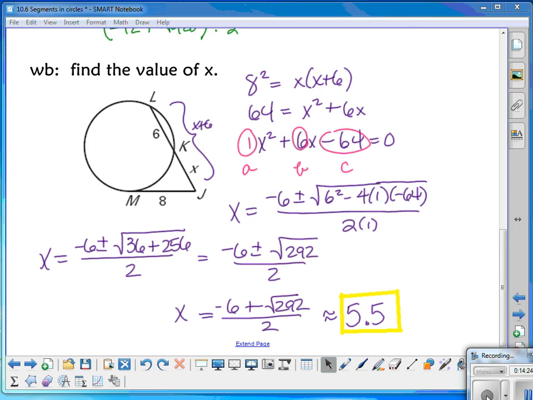Then when you simplify it, you should get x equals negative 6 plus or minus the square root of 292 all over 2. We're going to throw out the minus square root 292 and just do negative 6 plus the square root of 292 divided by 2. And when you put that in your calculator, you should get 5.5.